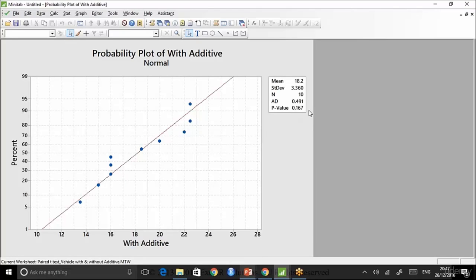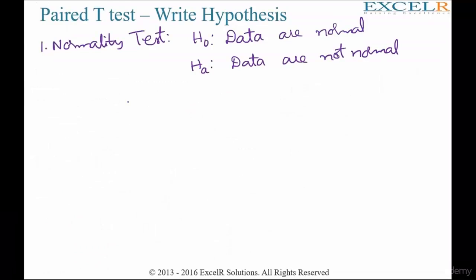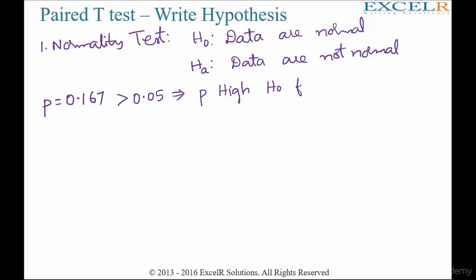P-value here is 0.167. This p-value is greater than 0.05, which implies that p-high, null fly, meaning we fail to reject null hypothesis. So data are normal.